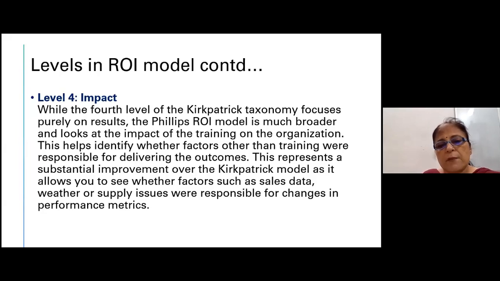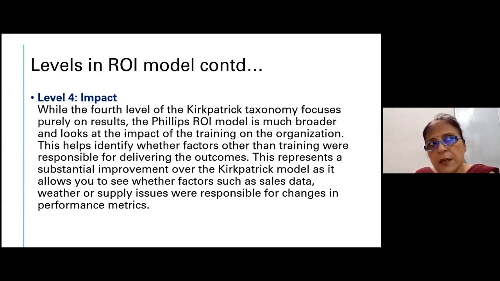What really is the impact of the training on the organization? This helps identify whether factors other than training were responsible for delivering the outcomes. And this represents a substantial improvement over the Kirkpatrick model, as it allows you to see whether factors such as sales data, weather, or supply issues were responsible for changes in performance metrics.